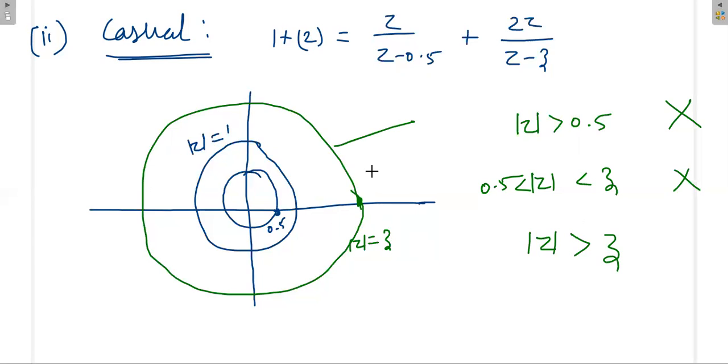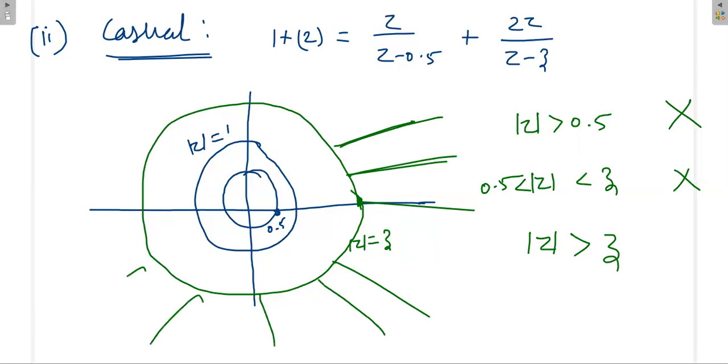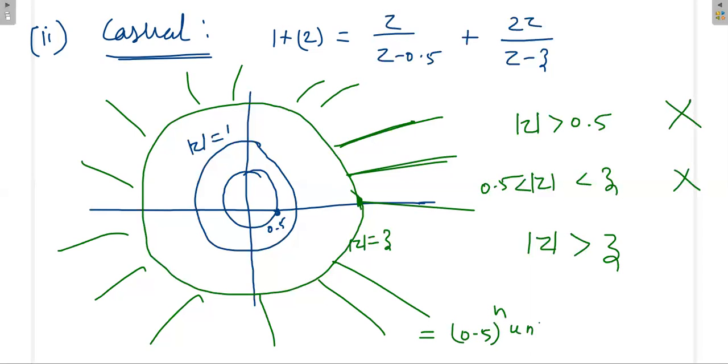So this is the region of convergence, ROC. With respect to 0.5, definitely ROC is going outside. Again, this is the right-sided signal, that I can write; the standard expression is 0.5 whole power n u of n.